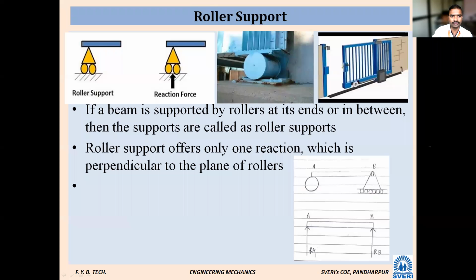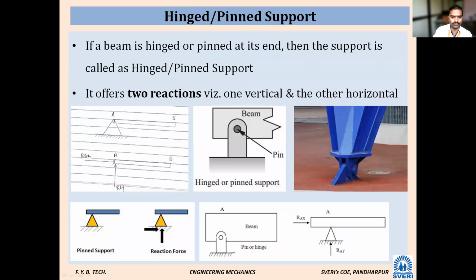Next, what is the next one? It is hinged or pinned support. Write down. Third one is hinged or pinned support.